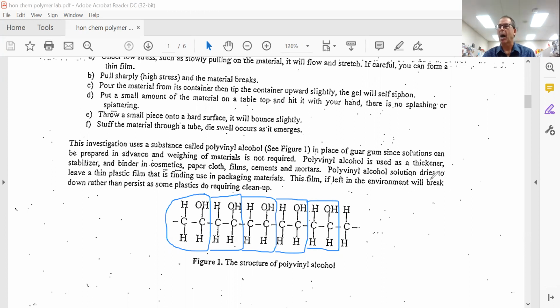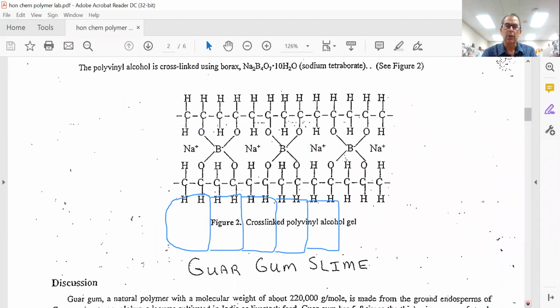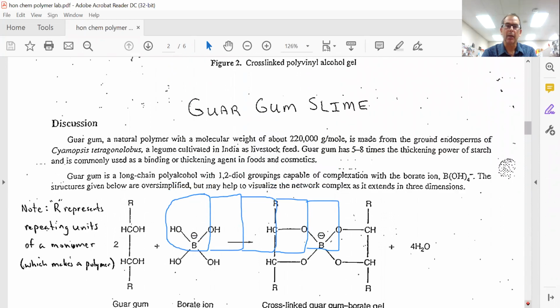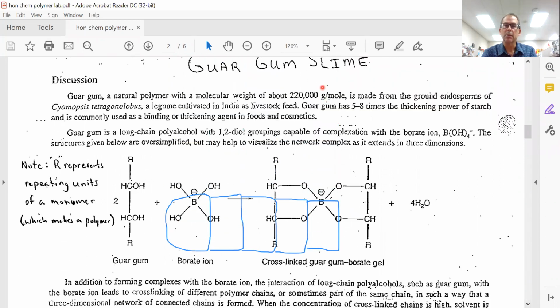What about the other one, the guar gum? It is going to be very, very similar, except, and we will go to that page and go back to my spotlight and look at the next page, and you might see something like this.